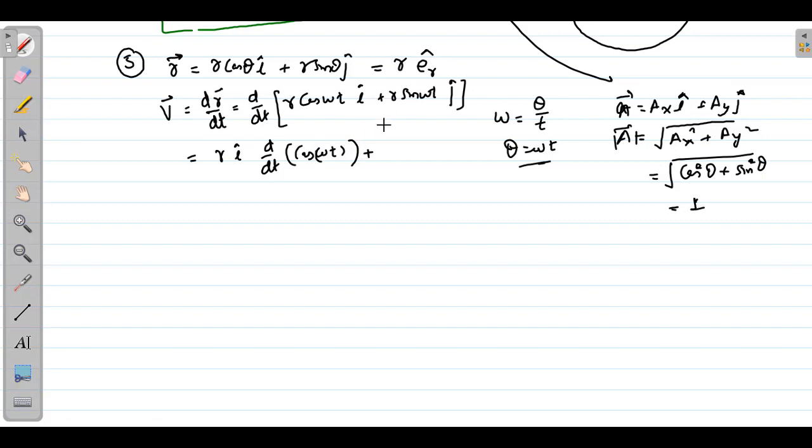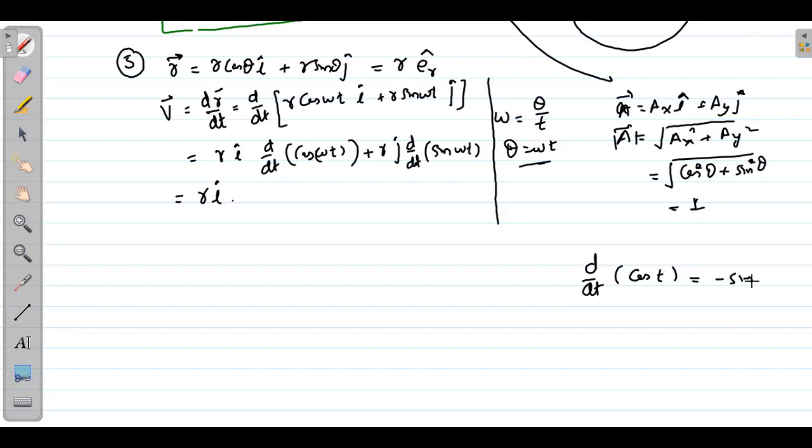Similarly, in the other term, r will be taken out, j will be taken out, and differentiate sine omega t. It is equal to r i, differentiating the cos theta. Differential of cos t equals minus sine t. Differential of cos omega t equals minus omega sine omega t.